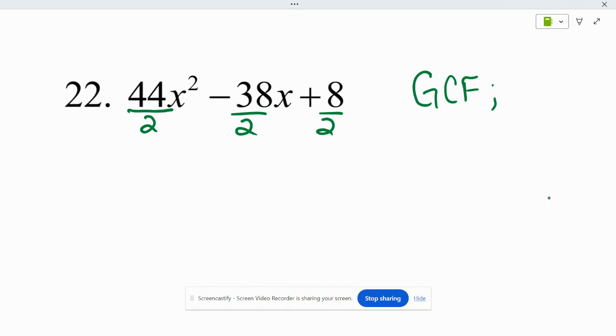So when I take that 2 out, I'm going to drive it down to the bottom. 44x squared divided by 2 is what, Ashton? That's all right. 44x squared divided by 2 is what? 22x squared. Negative 38x divided by 2 is?